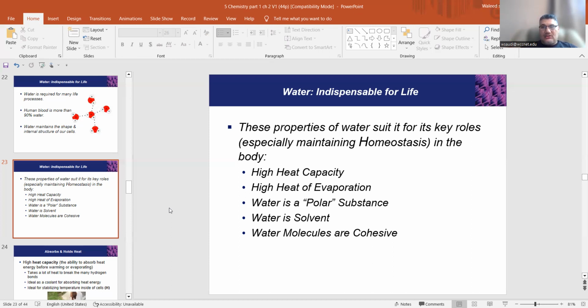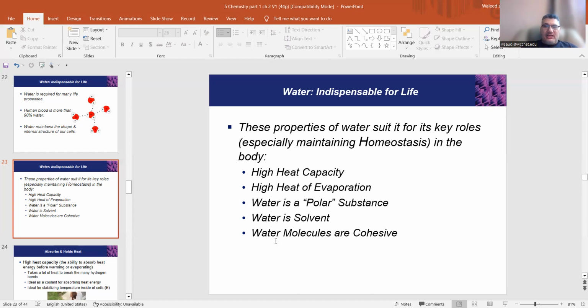The Kool-Aid or the juice powder, whatever you want to call it, is called the solute. When you dissolve a solute in a solvent, you end up having a solution, which is the juice that we drink. Solute in a solvent makes a solution.